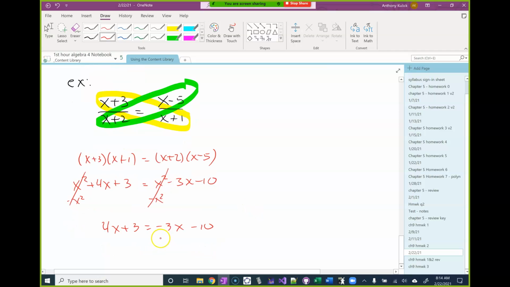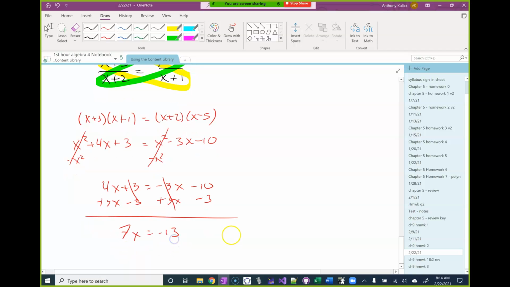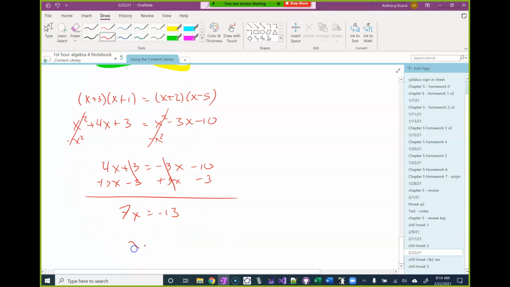So now I can just add 3x to both sides and then subtract 3 from both sides. And then divide both sides by 7 to get my solution.